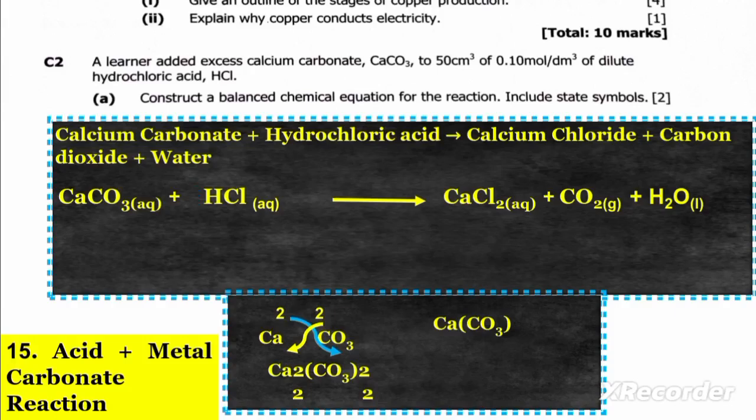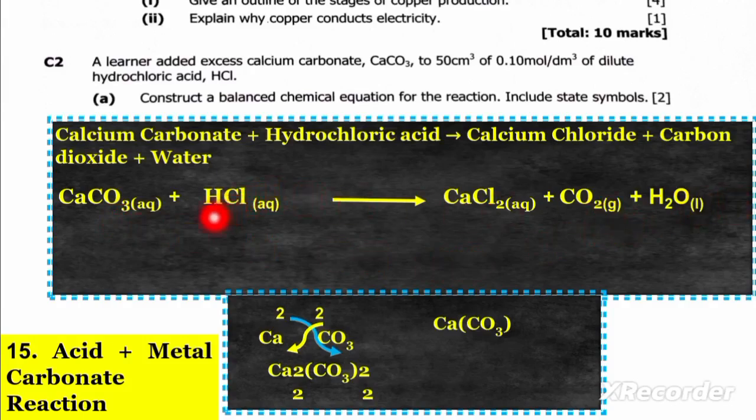water. Let us balance this chemical equation. We have one atom of calcium, one atom of calcium. Atoms of calcium balanced. We have one atom of carbon, one atom of carbon. Atoms of carbon balanced. We have three atoms of oxygen, three atoms of oxygen.